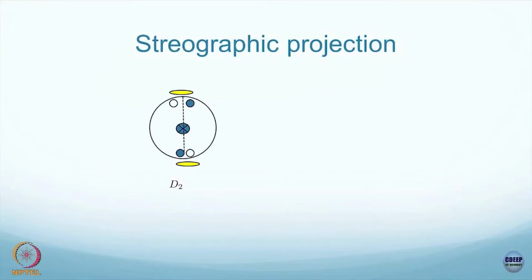When you do a D2 rotation, what will happen? It goes behind the plane, unlike your mirror reflection. Behind the plane I show it by a hollow circle. So, this symmetry is not going to be the symmetry of a water molecule, okay. So, this is slightly different, it goes behind the plane.